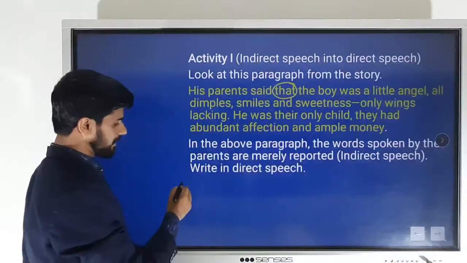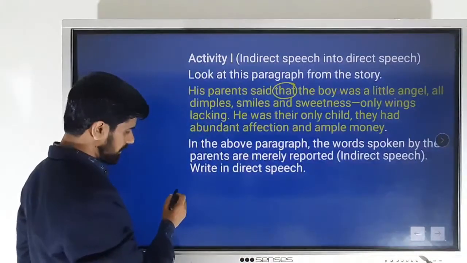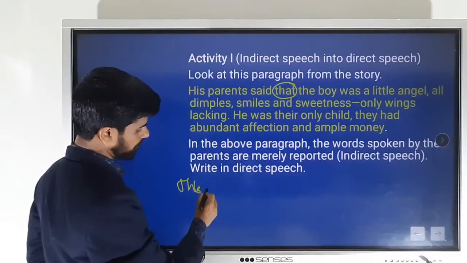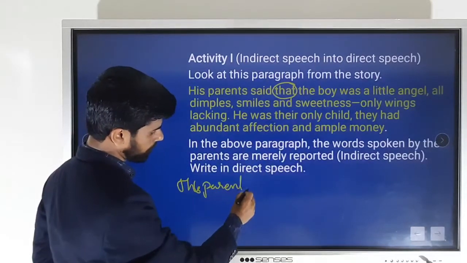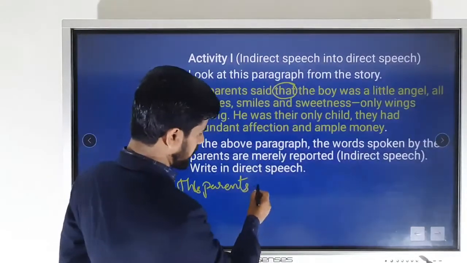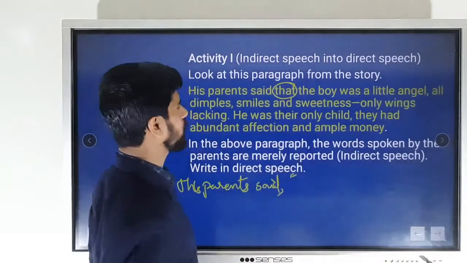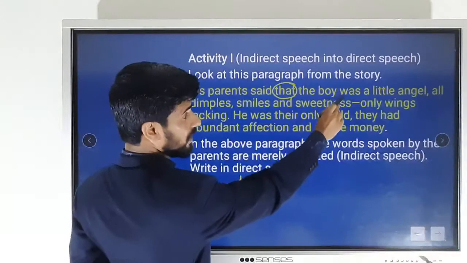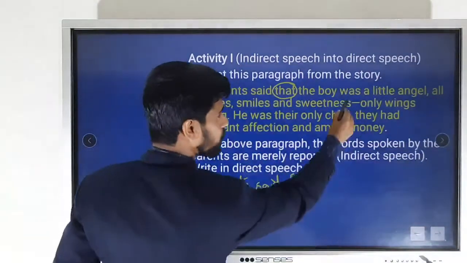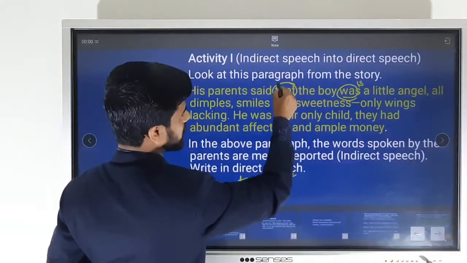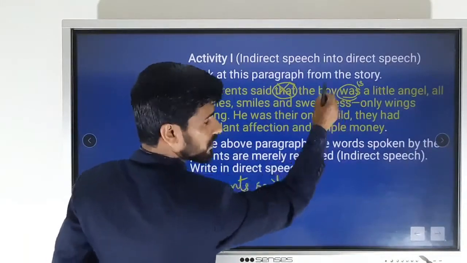So you can rewrite it: his parents said, comma, inverted comma, then the boy is a little angel. So instead of "was," you can write "is." Okay, remove that. Then convert "was" into "is."